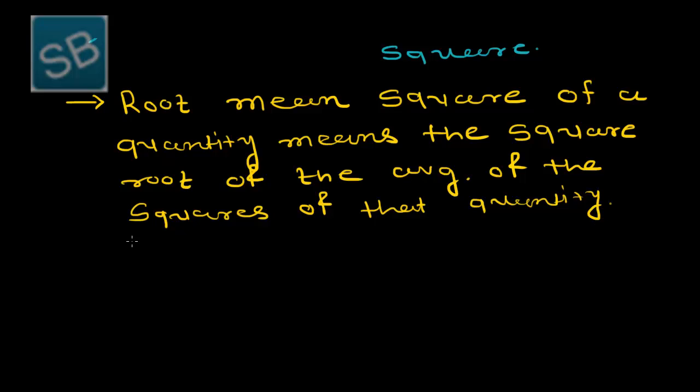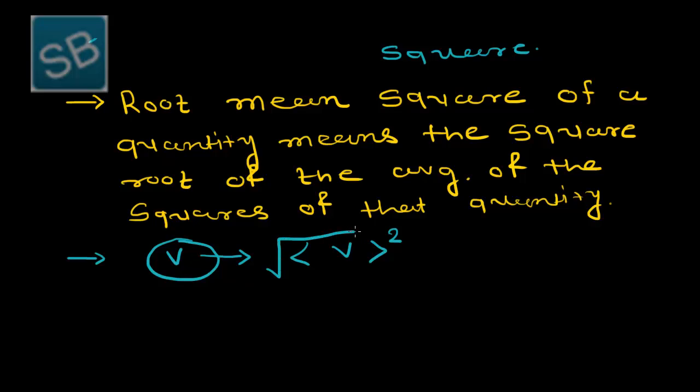So this is the definition of root mean square. Now suppose you want to find the root mean square value of voltage. For voltage you take the average of V squared, and finally the square root. Such a value is referred to as RMS voltage, which can be written as VRMS.